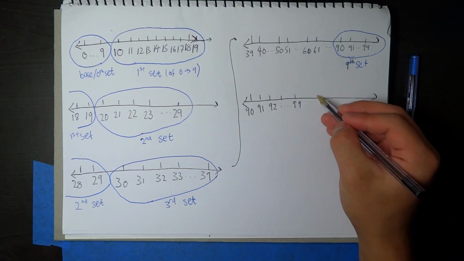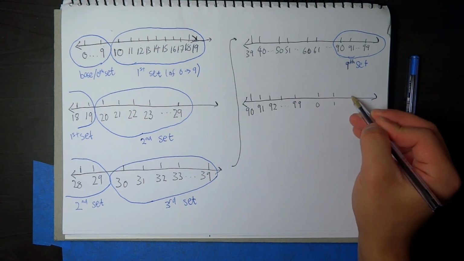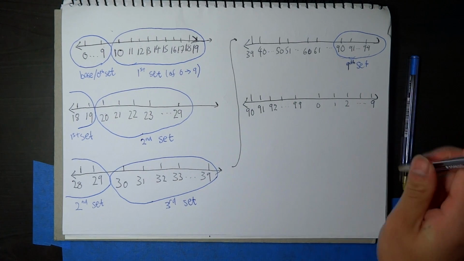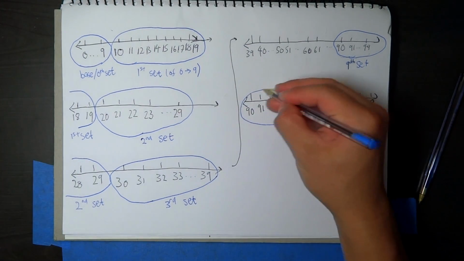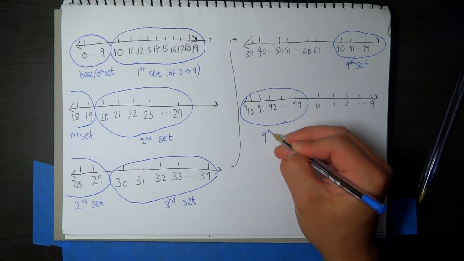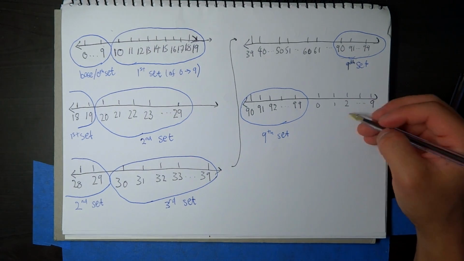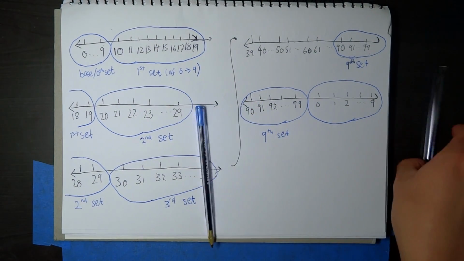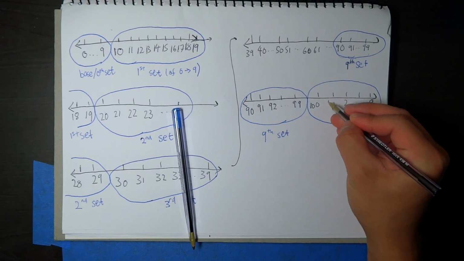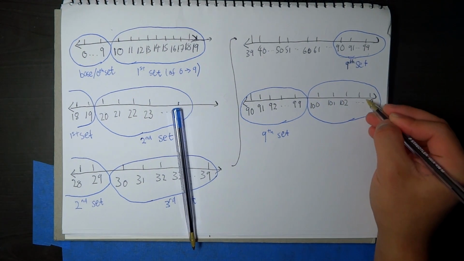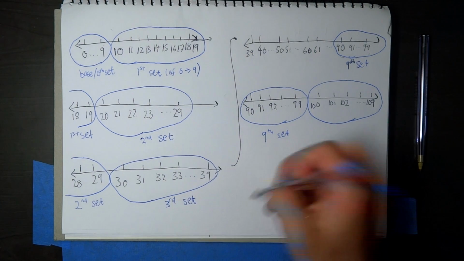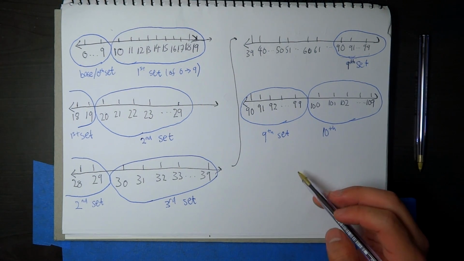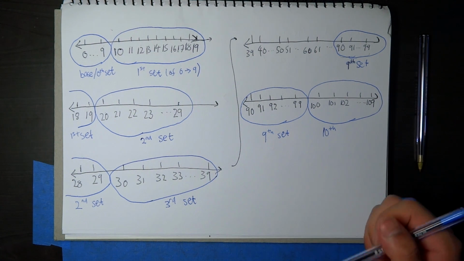So, repeating the process, we know that since this is the 9th set of numbers, 0 to 9, the number after 9 is 10. So, we have successfully gone past 99 and to this number called 100.